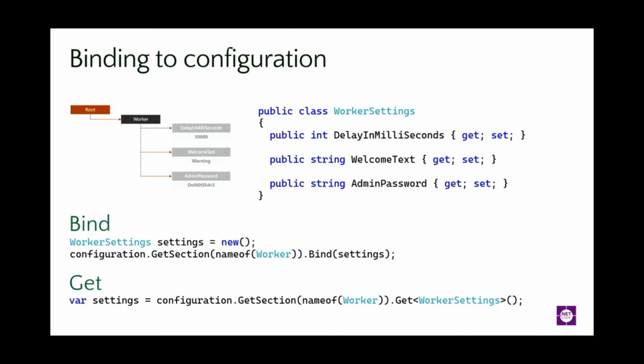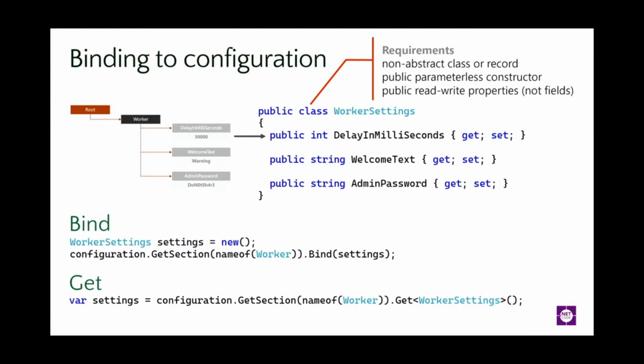It will start doing, okay, so I match one, I match another one, I match another one, and if it matches, it's okay. If it doesn't match, it skips it. So it's very, very relaxed to get those values into the object. You could also do a Get, where you don't have to create the object, but you can just say Get of the generic type that you want to have, WorkerSettings, again specifying the section that you would want to have.